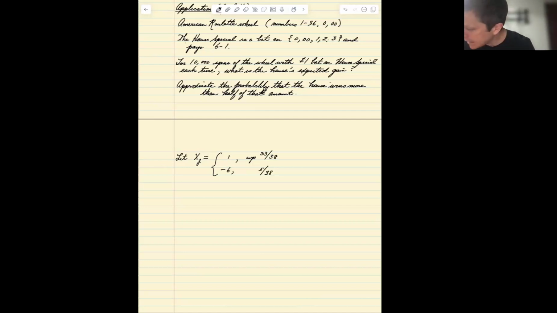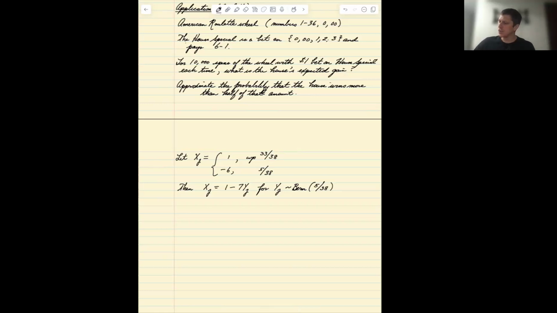Then we can observe that Xj can be written as 1 minus 7 times Yj, where Yj is a Bernoulli random variable with success probability 5/38.